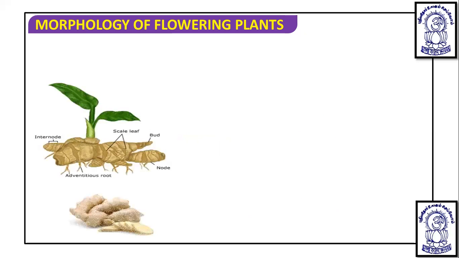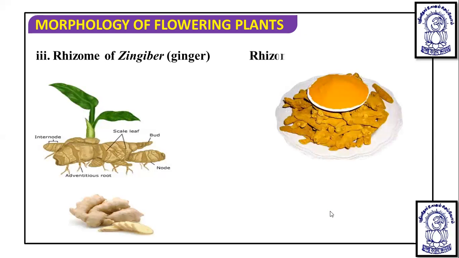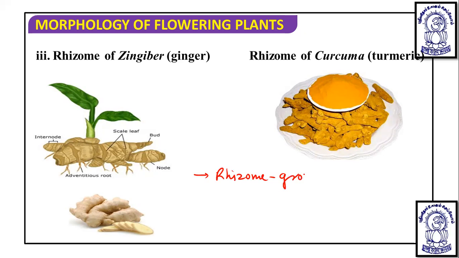Apart from this, another one is the rhizome, which is found in ginger, that is Zingiber. Now, if we talk about rhizome, it is seen in ginger and turmeric. One of the features of the rhizome is that it grows horizontally.